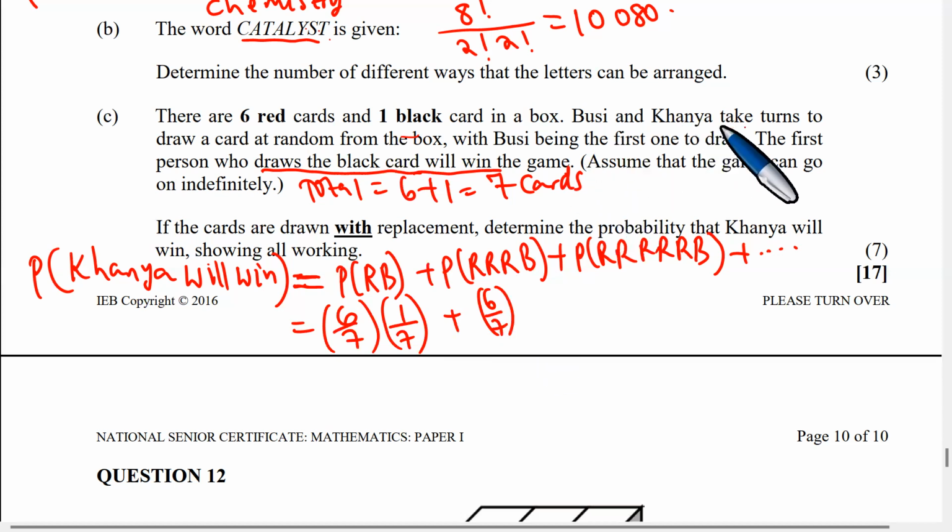Remember that Boosie and Kanye take turns to draw the card at random from the box, with Boosie being the first one to draw. So first Boosie draws. After Boosie has drawn, then Kanye goes in to draw.